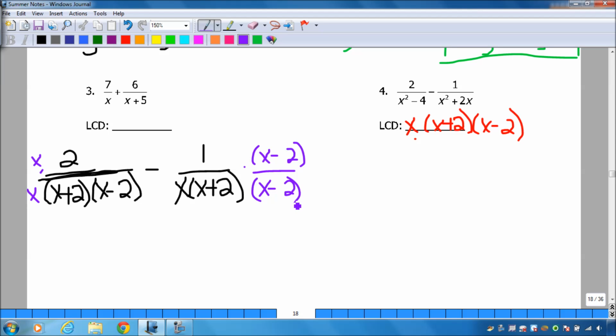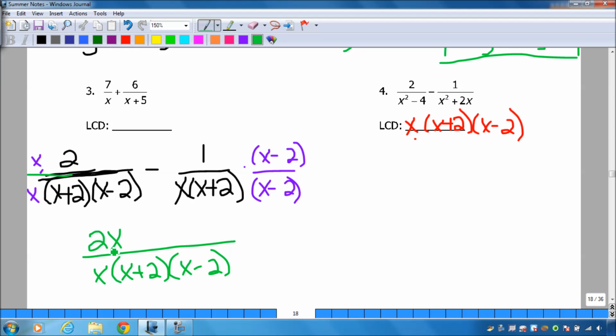So that means that my whole new fraction right here is going to have x times x plus 2 times x minus 2 in my denominator. And in my numerator, this turns into 2x. And then do not forget to distribute this negative 1 right here to everybody, okay?